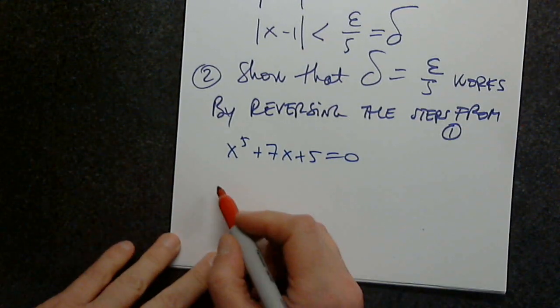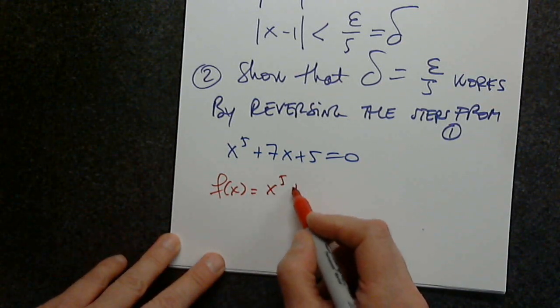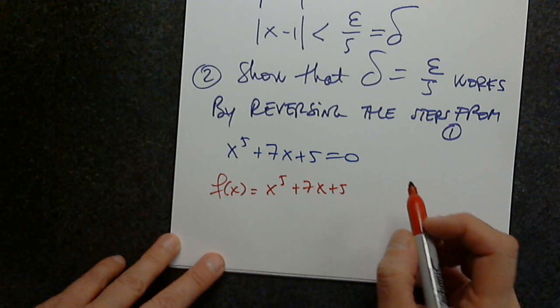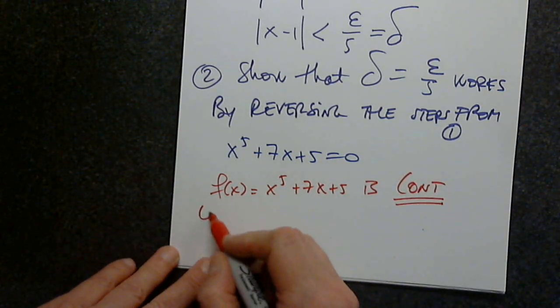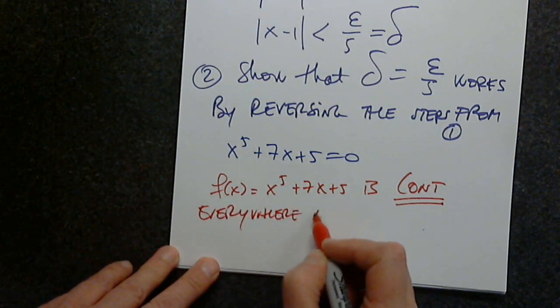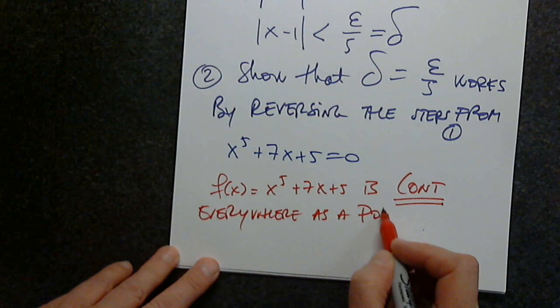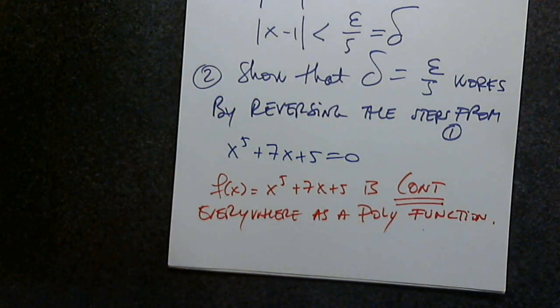The first is that I have to create the function, in this case x to the 5th plus 7x plus 5, and I have to say it is continuous everywhere as a polynomial function. We know polynomial functions are continuous everywhere.